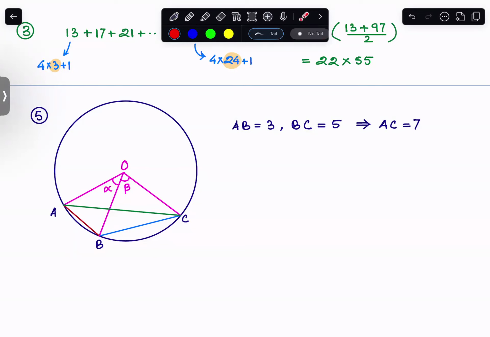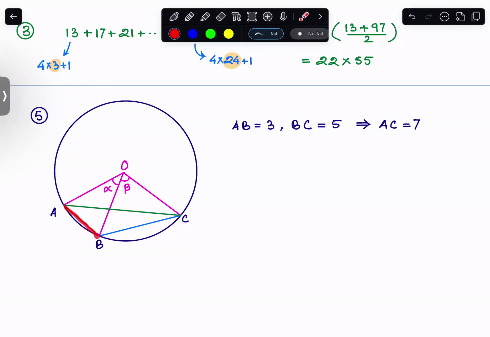Moreover, if AB subtends angle alpha at the center, can you answer what angle will it subtend at any point of the major arc? I'm repeating the question once more.